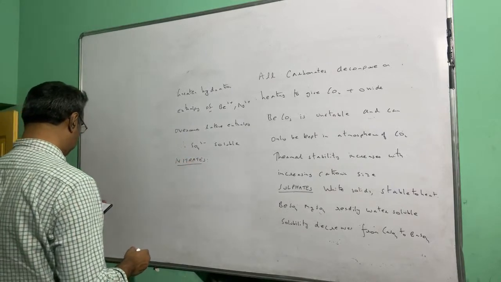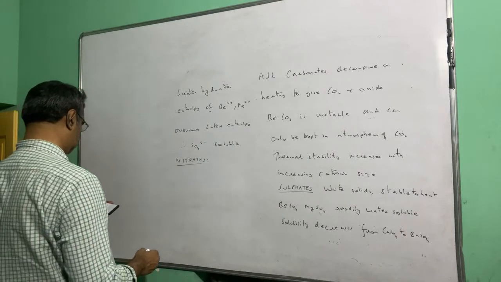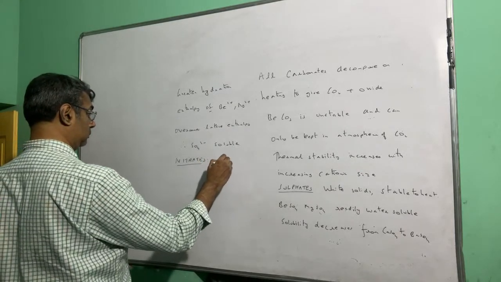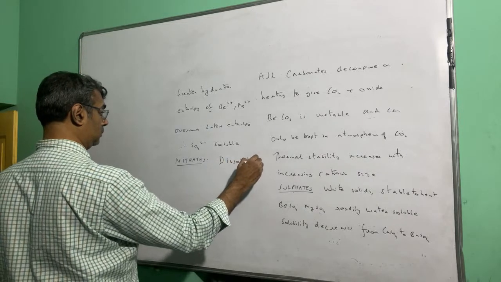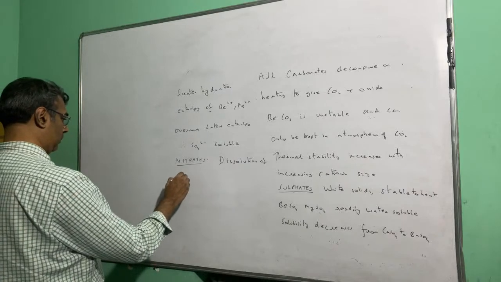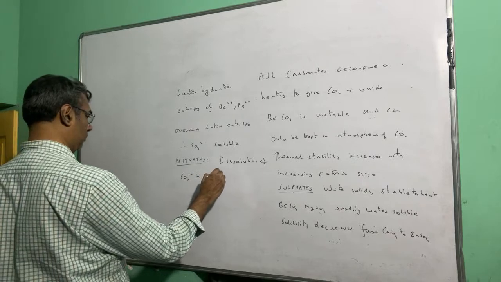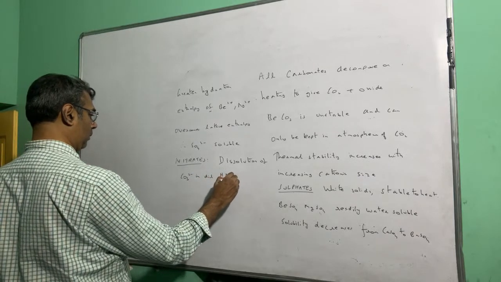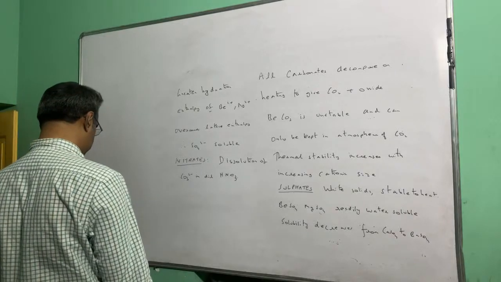Then we go to nitrates. Nitrates are obtained by dissolution of carbonates in dilute HNO3.